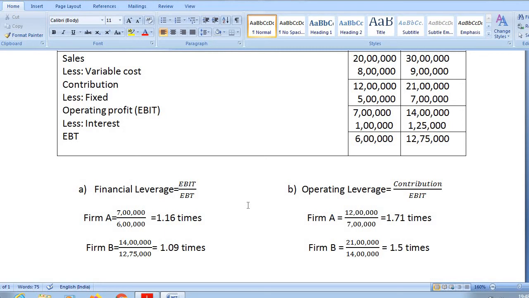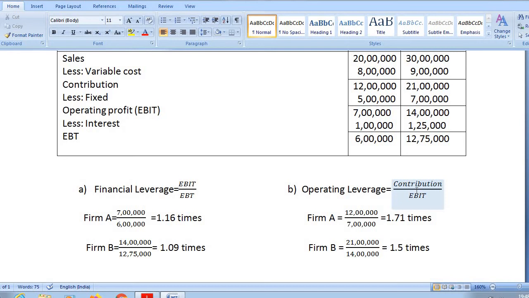That means you can remember it very easily. Interest plays a very vital role when it comes to financial leverage. So in EBIT divided by EBT, the I factor is in between. When it comes to operating leverage, it is contribution divided by EBIT, where fixed cost plays a role.